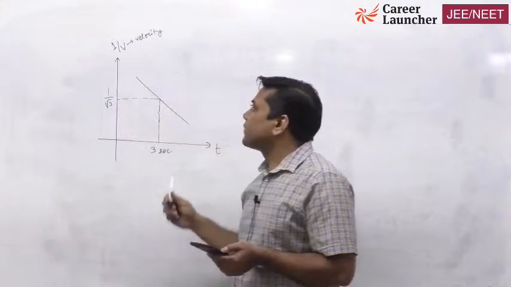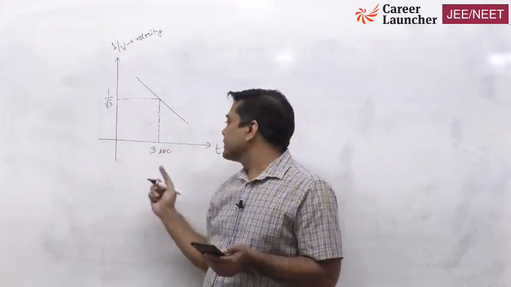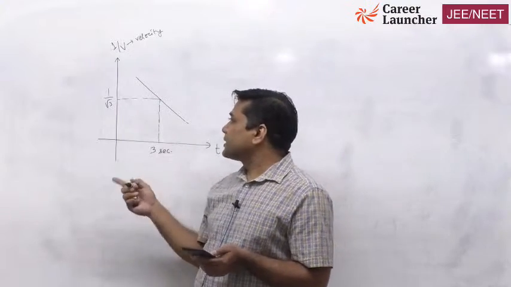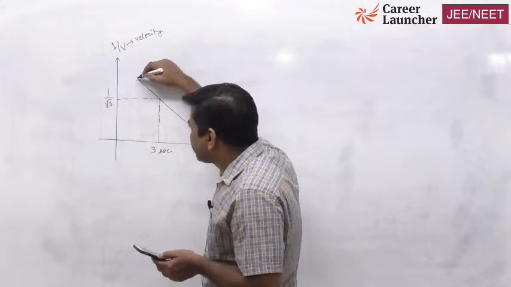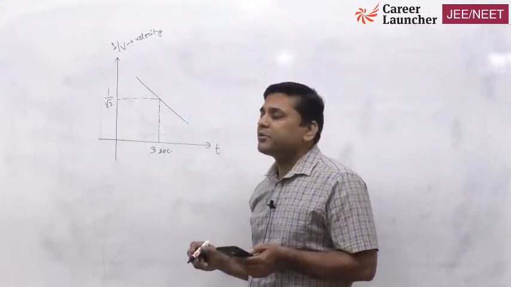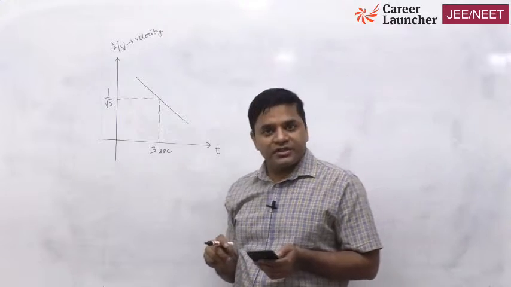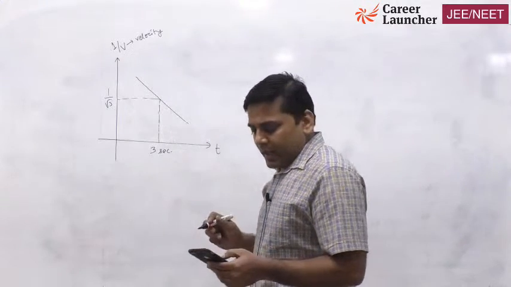This is the graph between 1 by v, where v is velocity, versus time. At 3 seconds it is given that 1 by v is 1 by root 3, and you can see this is a straight line. So this is not a graph between v versus t, it's 1 by v versus t.